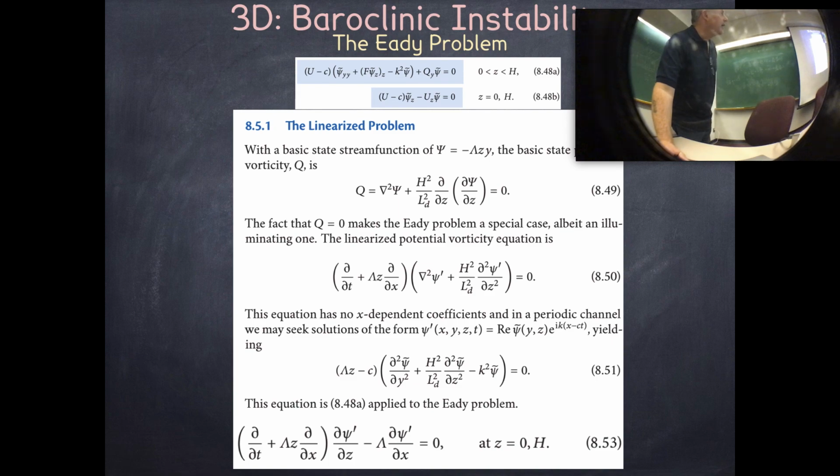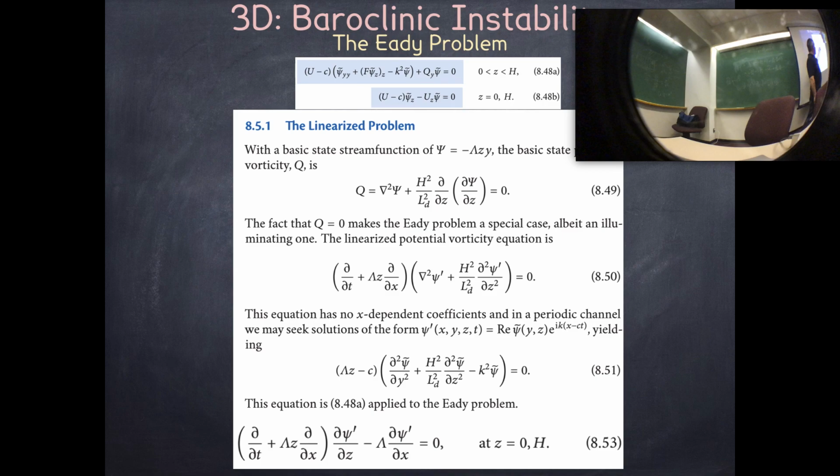Okay? So here's the PV, which is the Laplacian of the stream function of the background flow, and the stretching part. So this one is zero because the background flow is just everywhere the same and there are no horizontal derivatives.